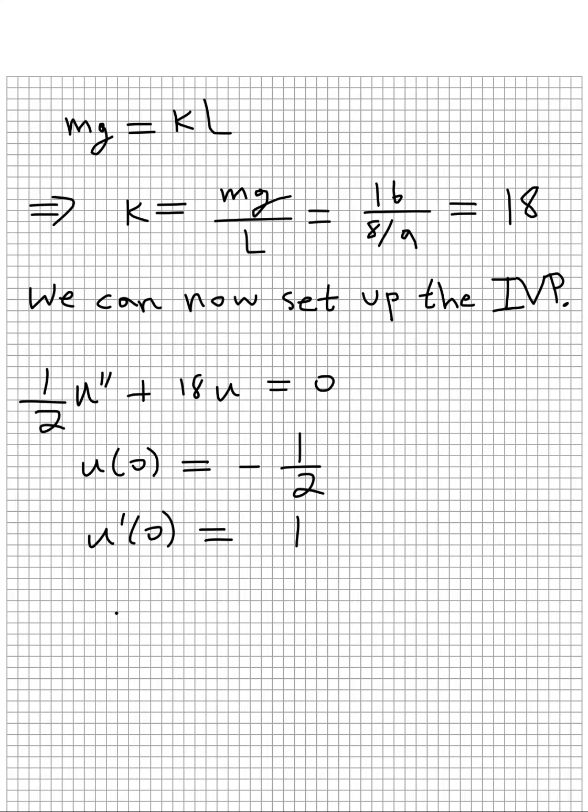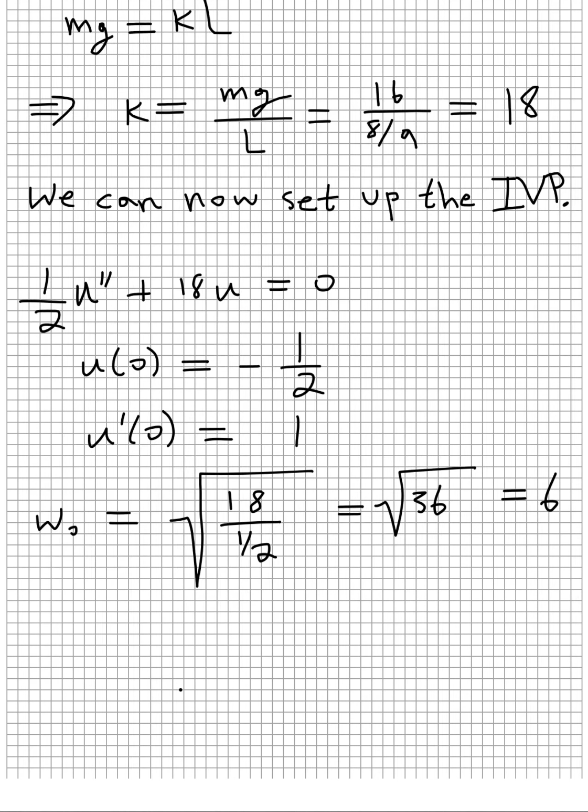So first we need the natural frequency, which was omega naught. And that equals the square root of 18 divided by 1 over 2. Okay? And so that equals the square root of 36, which is simply going to equal 6. Okay?